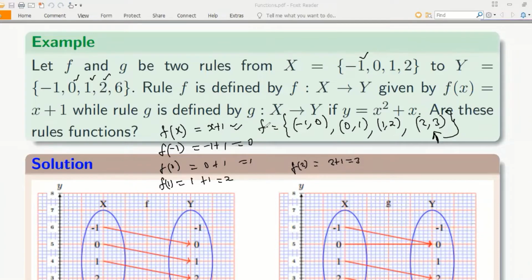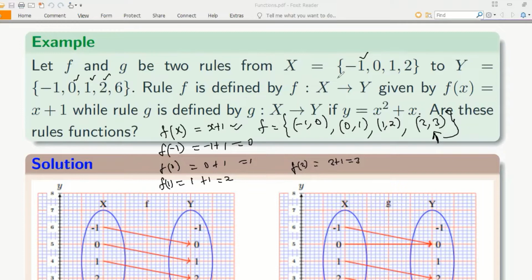So this is not a function because 2 will not be assigned any element in Y. There's no 3 there. That means 2 will remain unassigned, and therefore f is not a function.